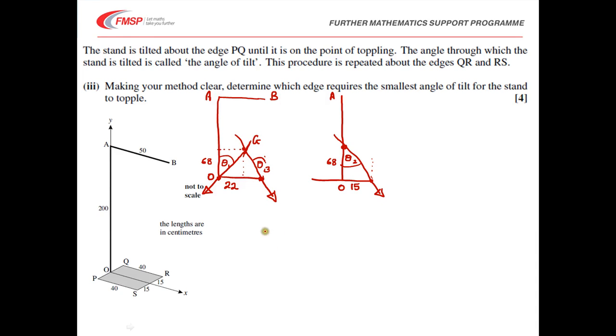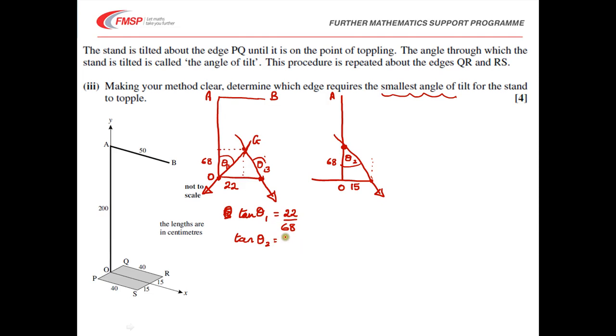Okay, so let's have a little think about what makes that angle the smallest. We're looking for the smallest possible theta in this case. Now you can see here that the tan of theta 1 is 22 over 68, just using that right angle triangle with the distances in from our centre of mass calculation.